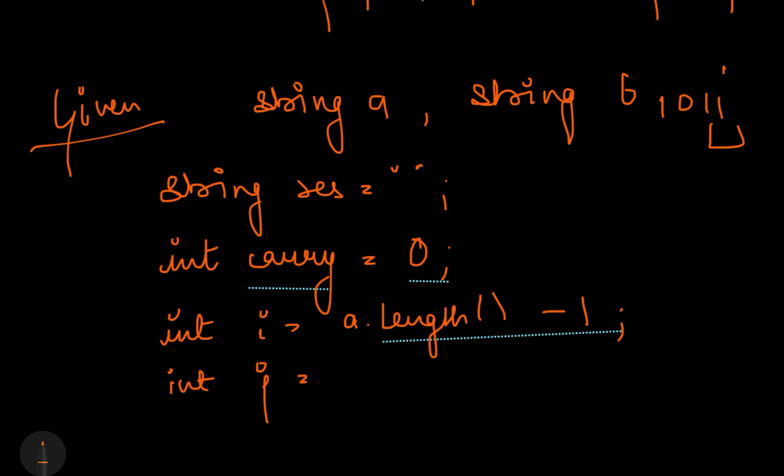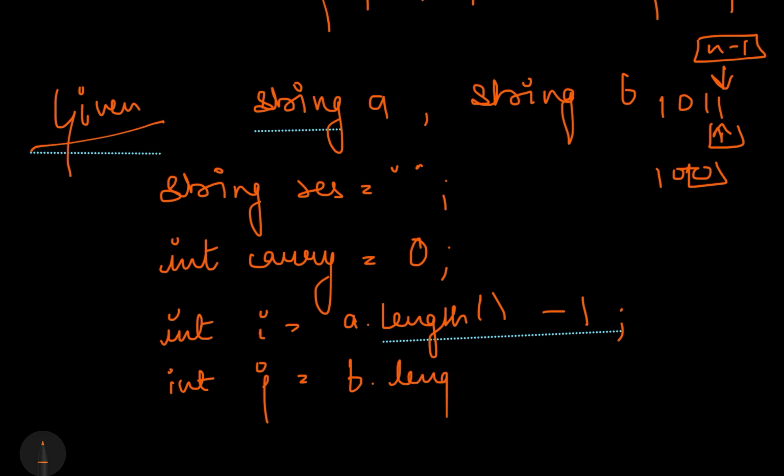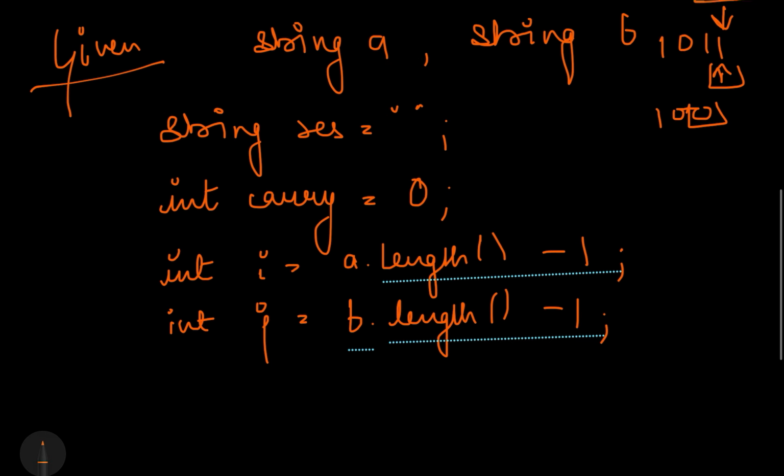Suppose the binary is 111, so here we'll have n minus 1, whatever our length minus 1 is, so we can easily get our rightmost bit because we start our addition from the rightmost bit only. So we are storing it like that.